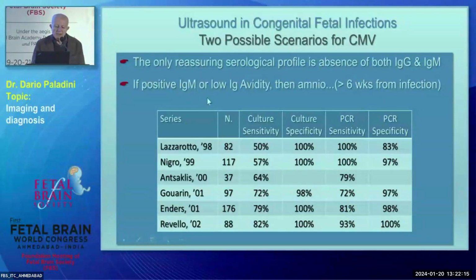At the same time, if you have positive IgM, so a very recent primary infection, or low avidity, or you think about reinfection with IgG already present, then amnio is a must, which should be carried out at least 6 weeks from the likely timing of infection, because otherwise you will not be able to find the CMV in the amniotic fluid. And you see that the PCR is very, very sensitive.